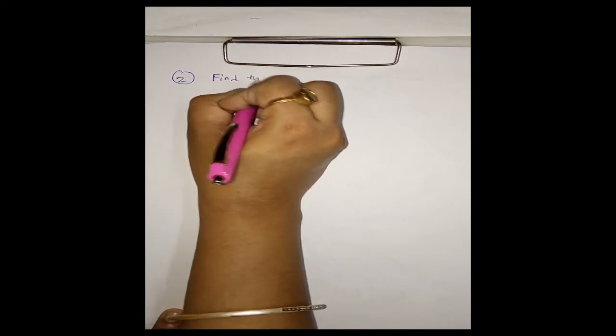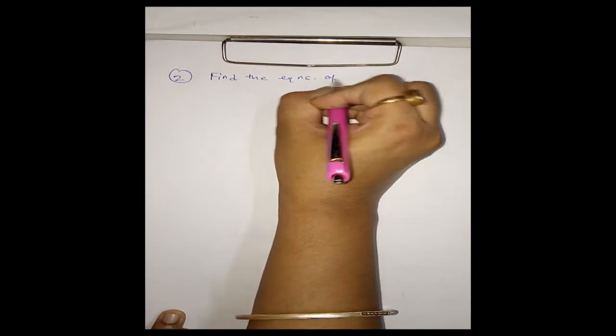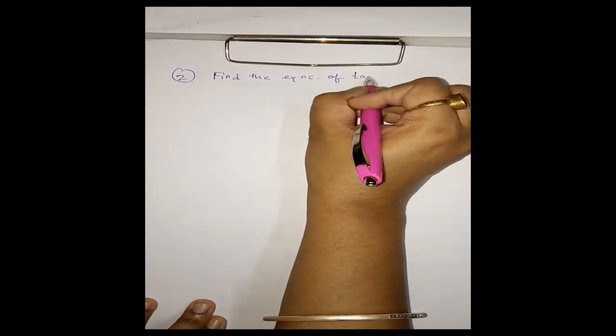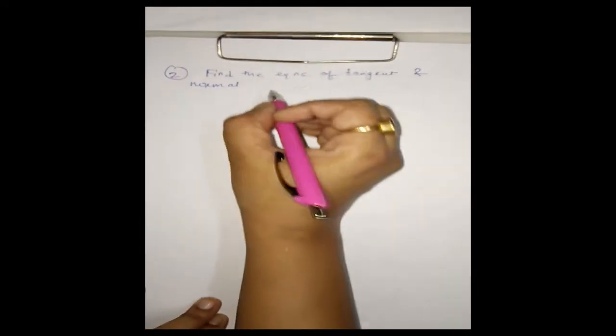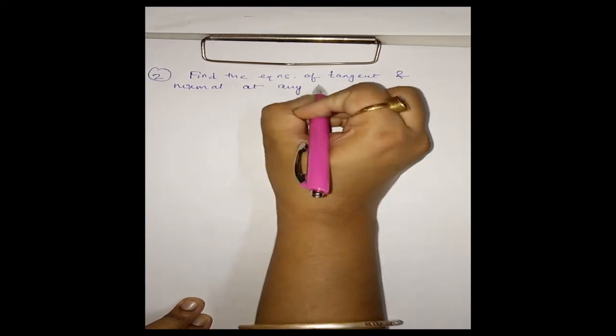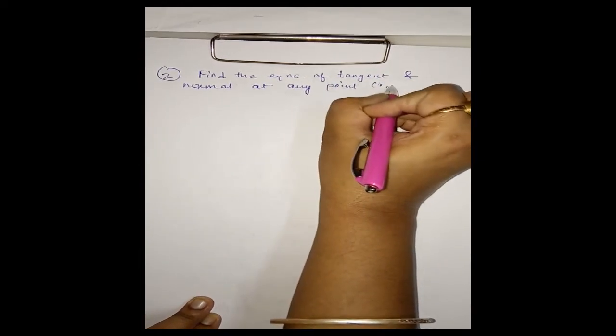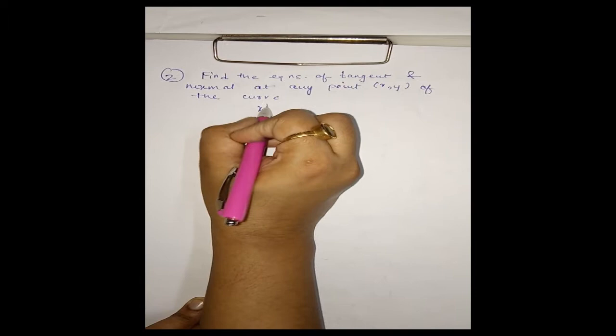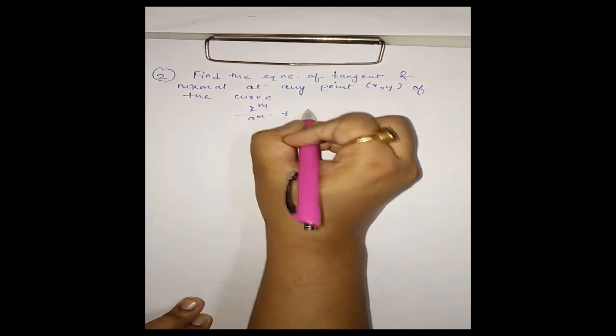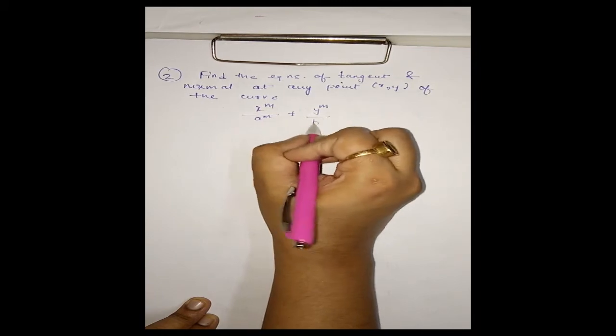Second example: find the equations of tangent and normal at any point xy of the curve xm by am plus ym by bm is equal to 1.